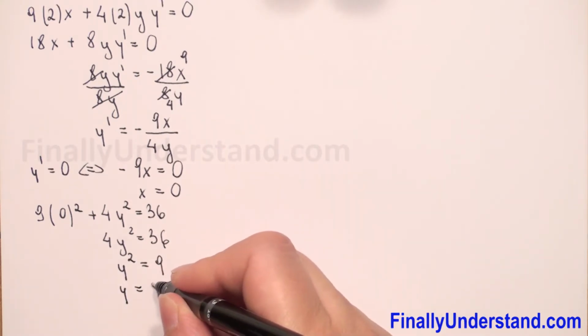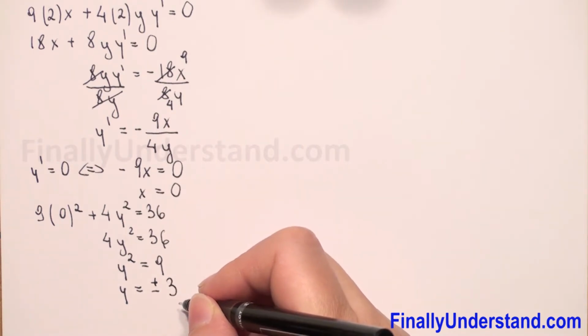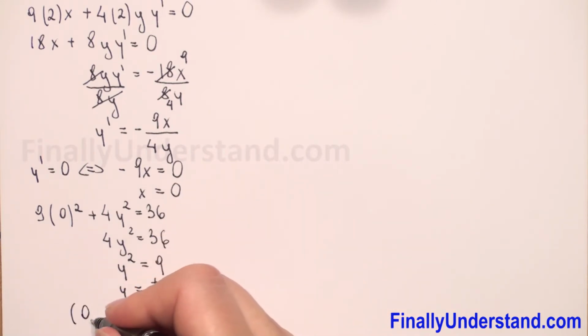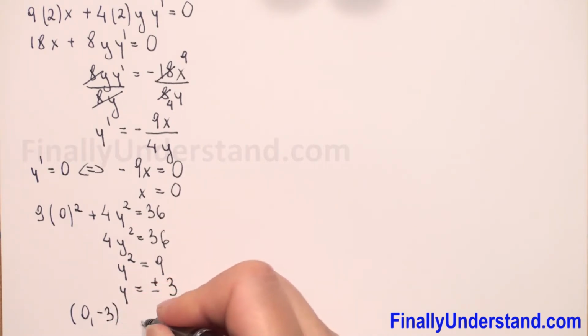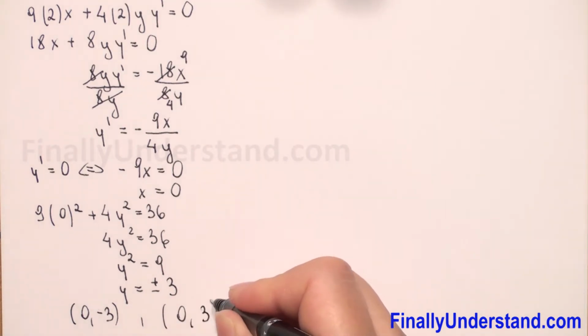Y is equal plus minus 3. So the points of zero slope are, we have x 0 and y equals first negative 3, and the second point is 0 positive 3.